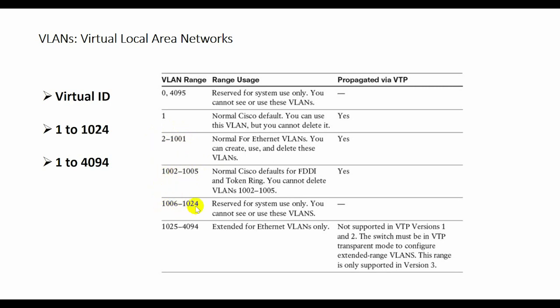Also, VLAN 1006 up to VLAN 1024 are reserved for system use only. VLAN 1025 to 4094 are extended VLANs for Ethernet only. Also, this range is only supported in VTP version 3.